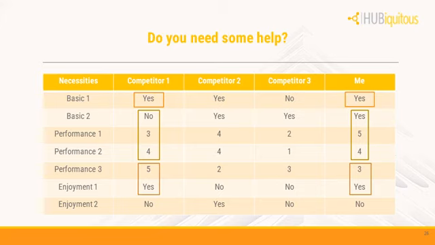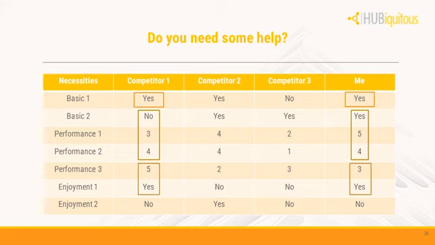So making this analysis, we can see that, for example, competitor number 1 has exactly the same score according to the performance necessities, and exactly the same score according to the enjoyment necessities. The other ones are far away from our solution.